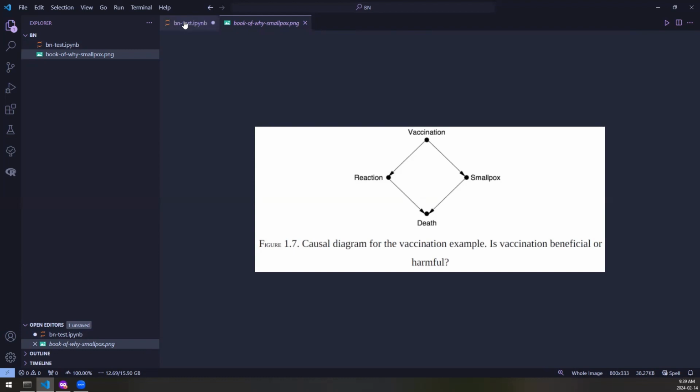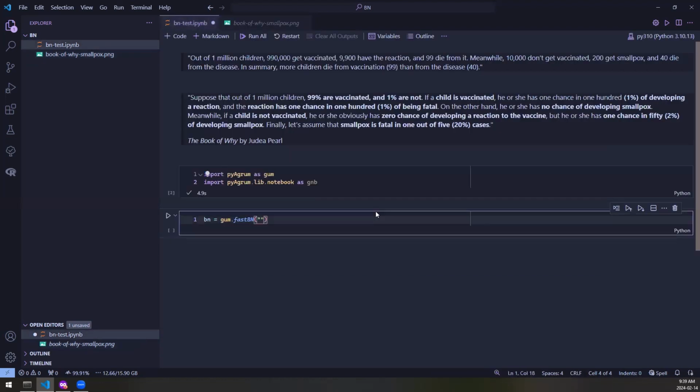Let's start with this side of the graph. Vaccination goes to reaction, which goes to death. Using fastBN, we can do it just like that. You put the letter corresponding to the variable, then dash, the greater-than symbol.